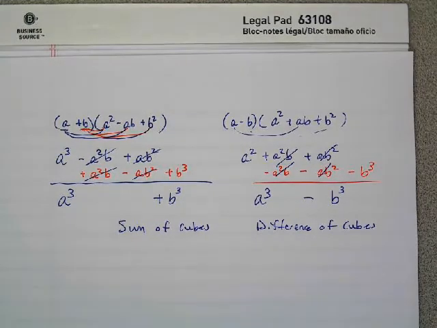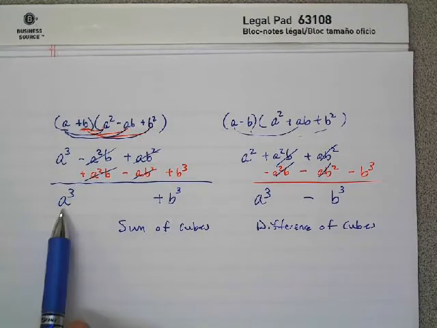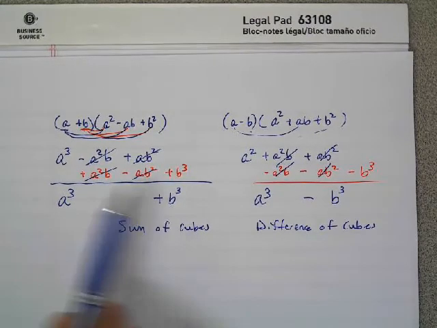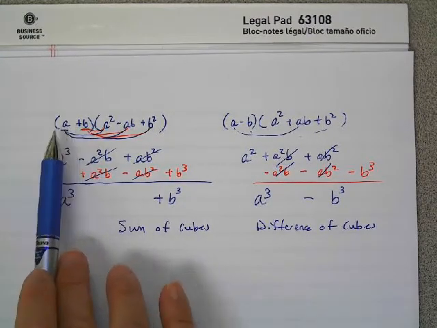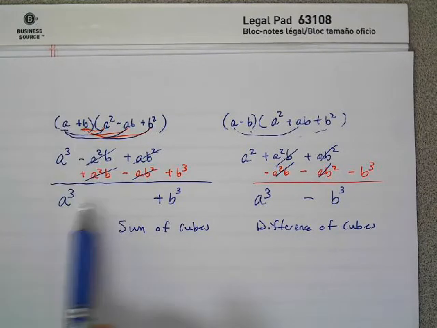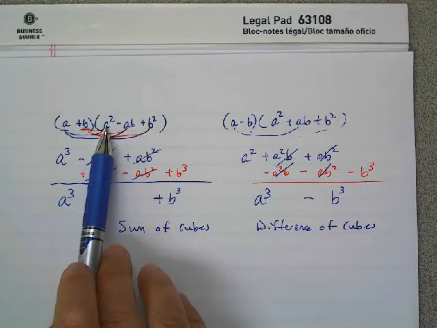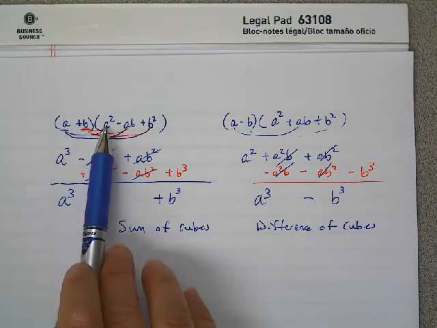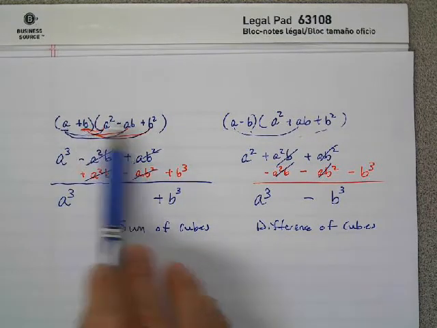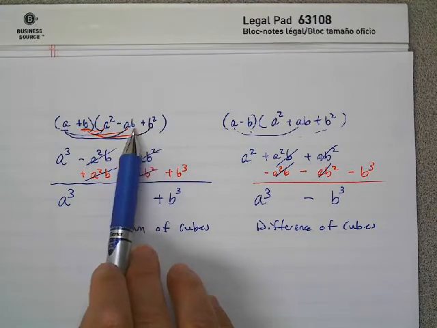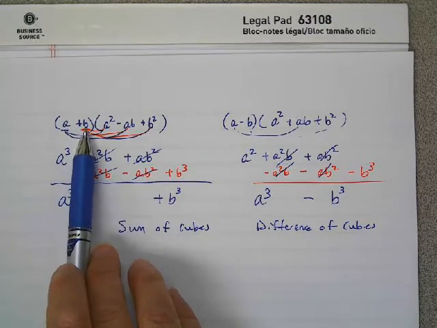So let's look at the pattern here. I had a cubed, b cubed. In this first binomial, I just had a and b, the number that was being cubed. In the second set of parentheses, I had whatever this was squared, and whatever that was squared at the end. And in between, I had these two multiplied together.